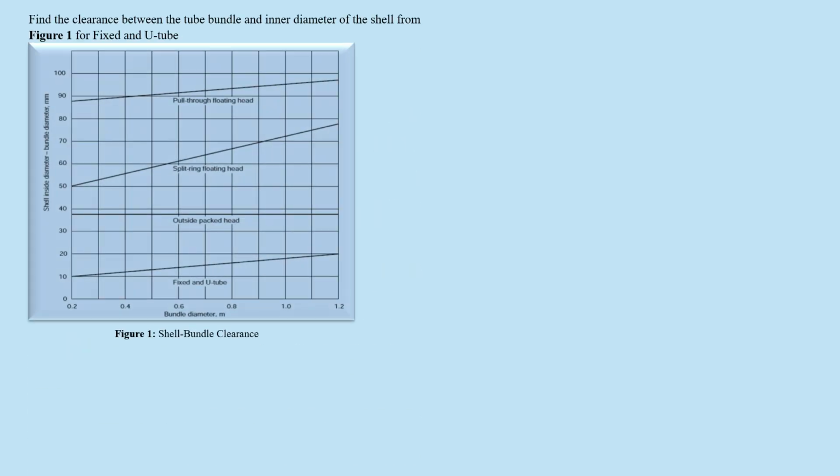We need to estimate the clearance between the outer diameter of the bundle and the inner diameter of the shell with the aid of bundle diameter and fixed tube sheet and U-tube curve. We may get clearance gamma equal to 12 millimeter. Adding this value to the tube bundle diameter, we will get 317 millimeter.